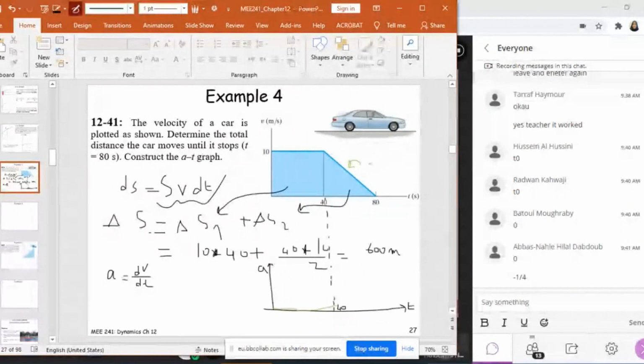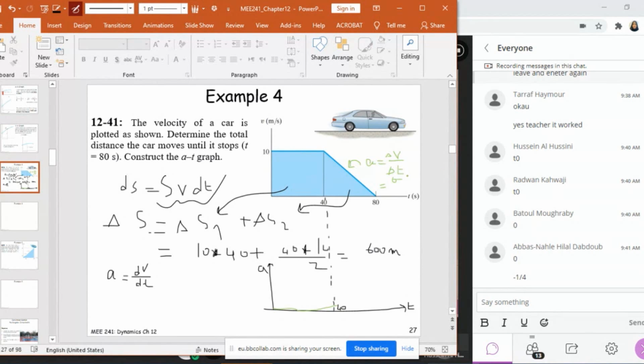decreasing, and I should find the slope or the derivative of this V. What is the slope A of this V? In fact, the slope of a straight line could be found using delta Y over delta X. Now here delta Y is delta V and X is T, so delta V over delta T. So how to find A? It is V2 minus V1 over T2 minus T1 and not T1 minus T2, all right? So V2, let's say here, V2 is 0 minus V1.